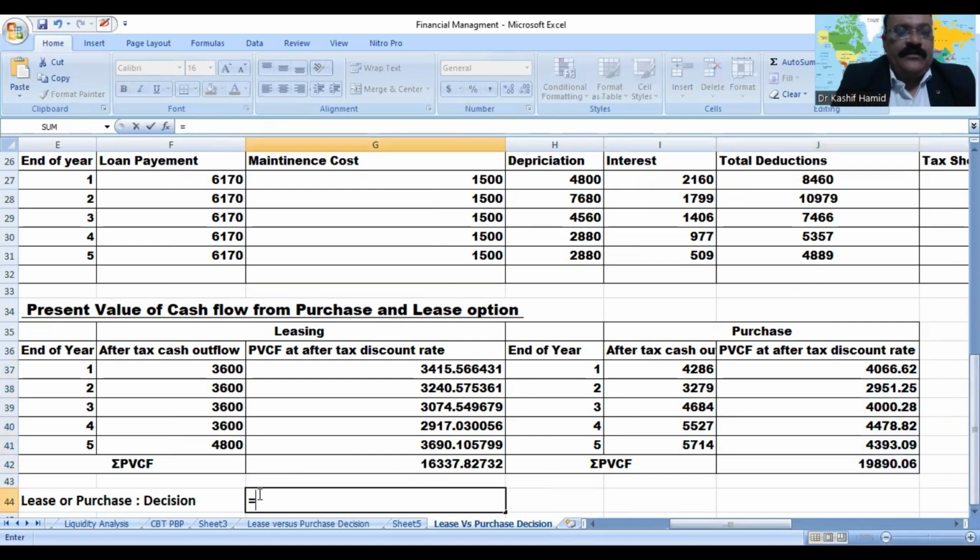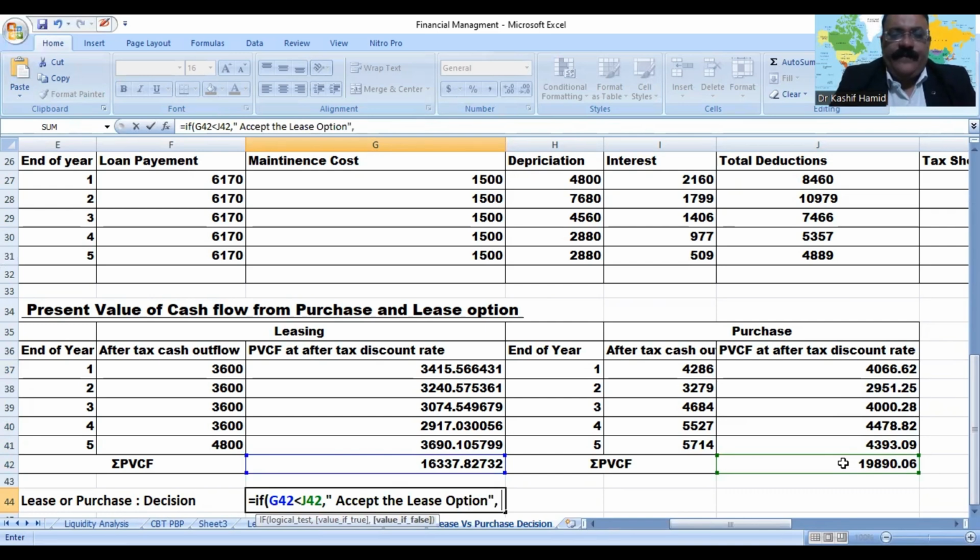So the decision is: if the lease option is lesser than the purchase option, accept the lease option.